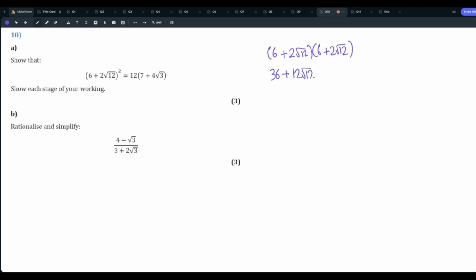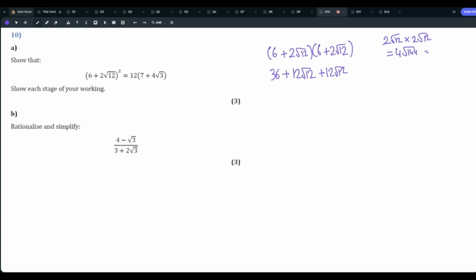Root 12 gets left alone. Same thing here. 2 root 12 times 6, that's plus 12 root 12. And then lastly, 2 root 12 times 2 root 12. If you're not sure, just write it on the side. 2 times 2 is 4. Root 12 times root 12 is root 144.